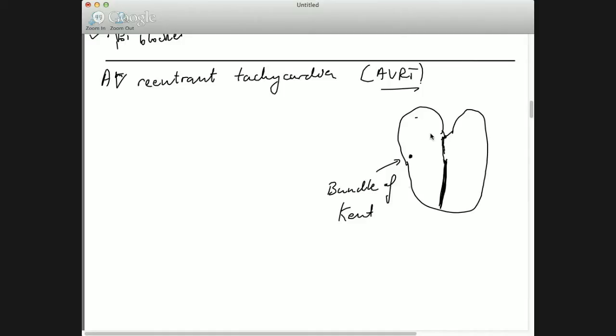So the fact that we have a bundle of Kent fulfills our first criterion. You actually have a re-entry pathway, a potential re-entry pathway.